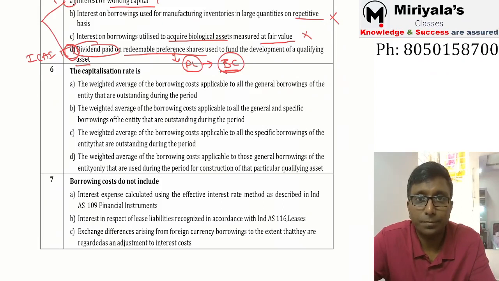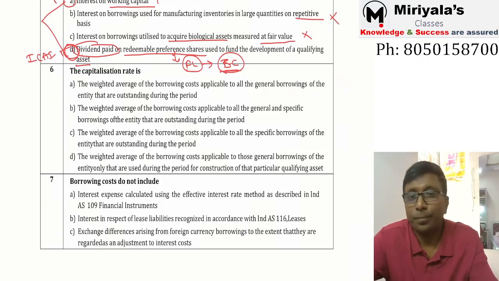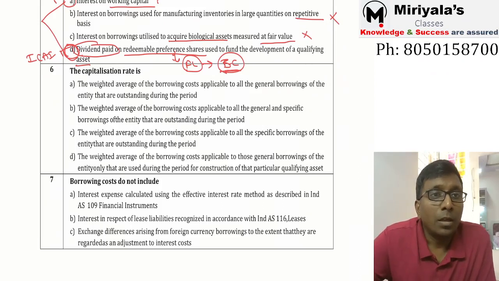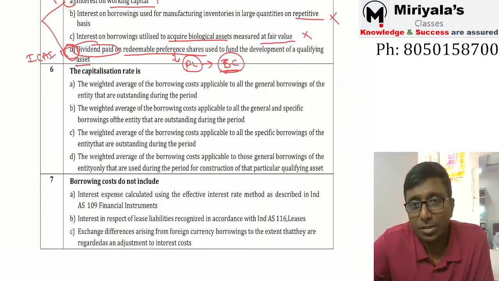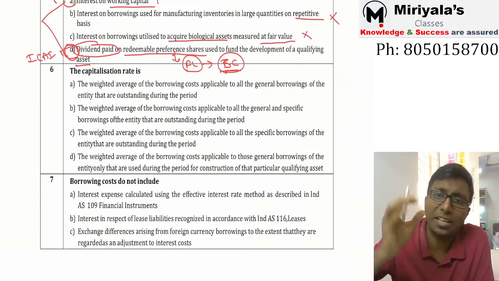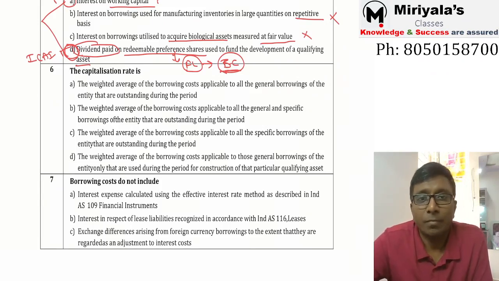Now it's clear. What is the capitalization rate? Capitalization rate is nothing but weighted average capitalization rate. So weighted average borrowing rate applicable to all the general borrowings of the entity that are outstanding during the period. Yes, perfectly all right.